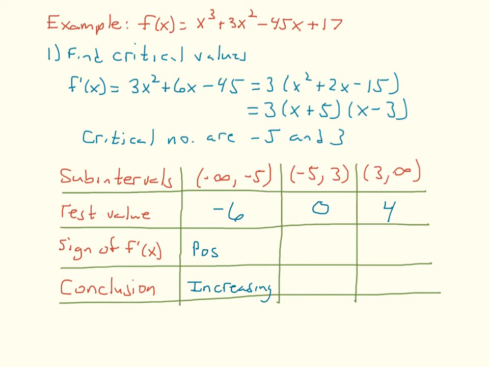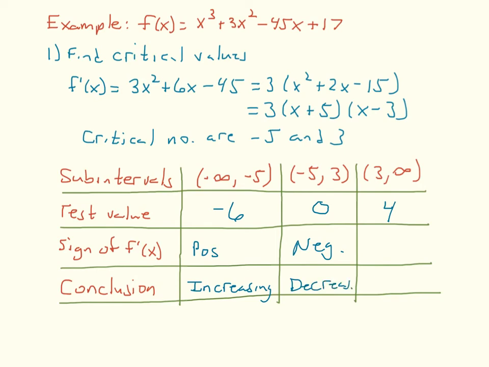So now we go to our second test value, which is 0. I put 0 in for the x's and get 3 times 5 times negative 3. The result there is going to be a negative. And so therefore, I know we are decreasing.